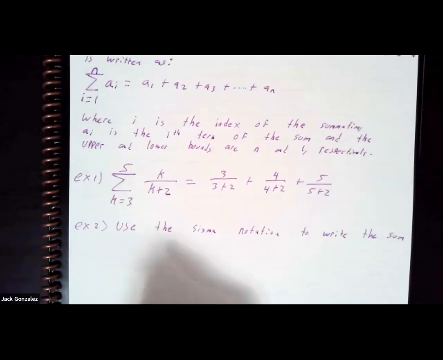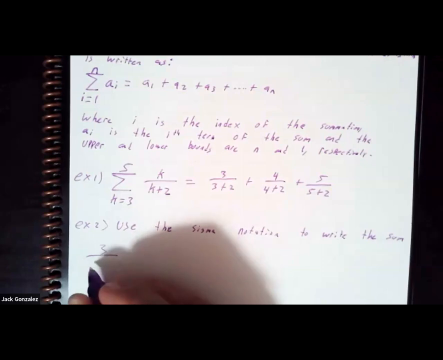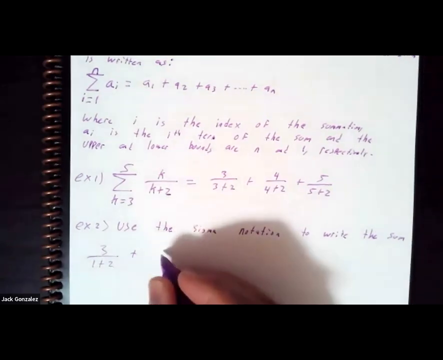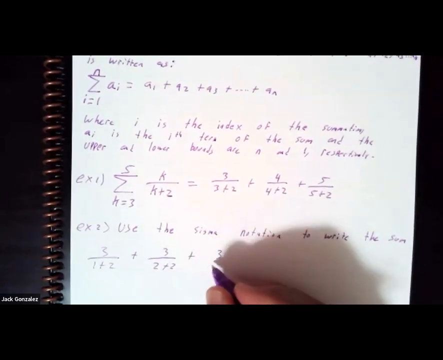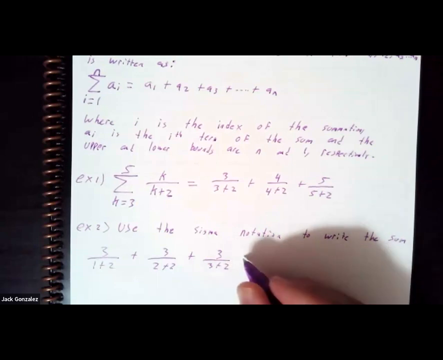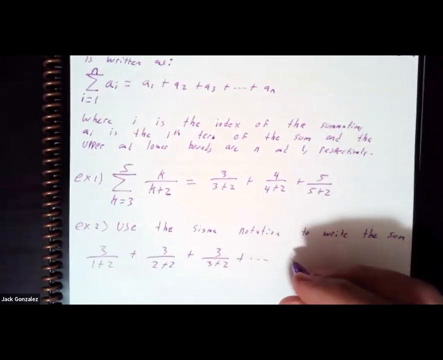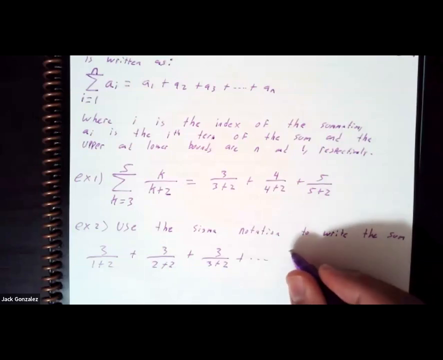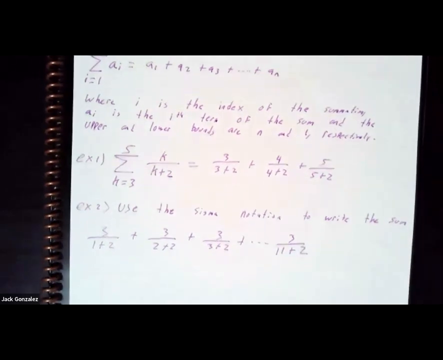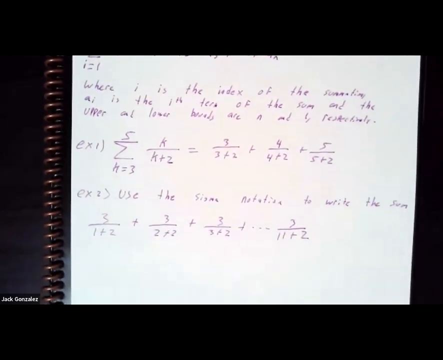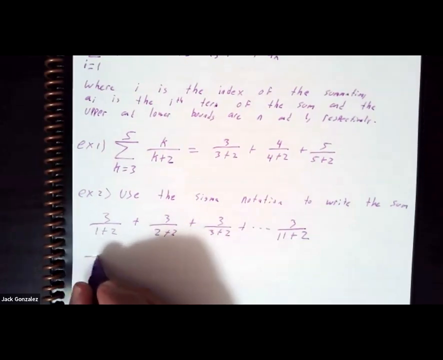Okay, so here's the pattern: 3 over 1 plus 2, plus 3 over 2 plus 2, plus 3 over 3 plus 2, all the way until 3 over 11 plus 2. So what is the summation formula going to be? We'll use k again, I guess.